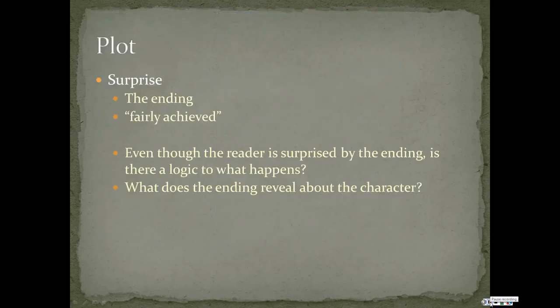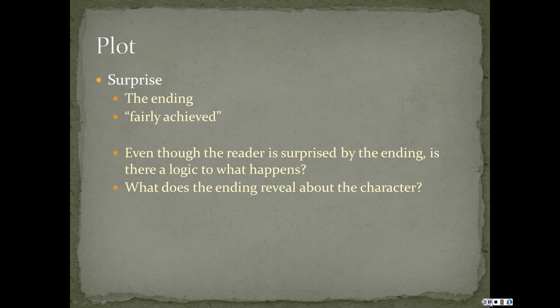When we think in terms of a surprise ending and whether or not it's fairly achieved, we're looking at whether or not it logically follows. There is a logic to what happened. And even though we were surprised at the end and how she met her husband, when we look at the story again, we see that it is the logical conclusion to what has taken place in Edie's life. This also reveals things about her as a character.